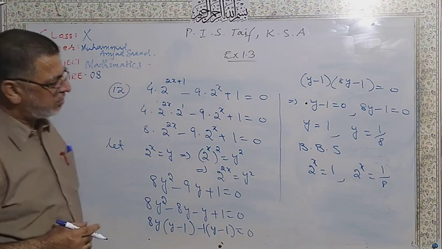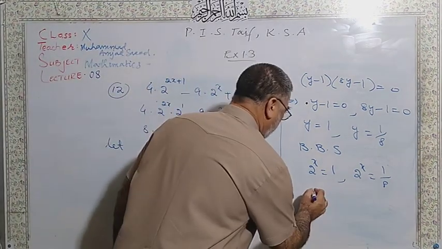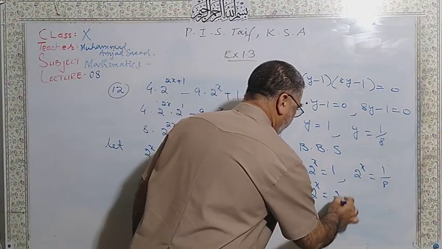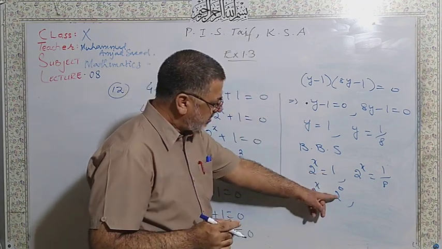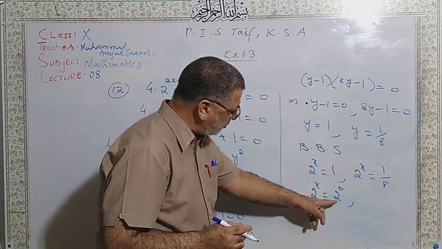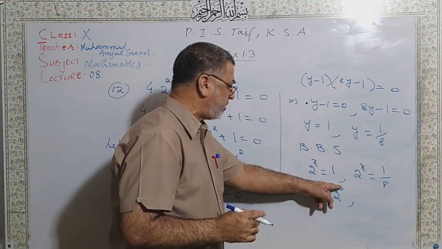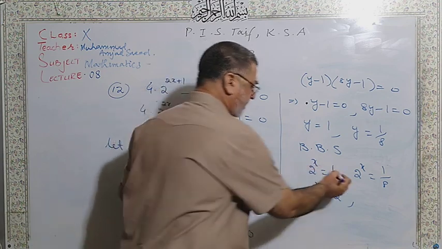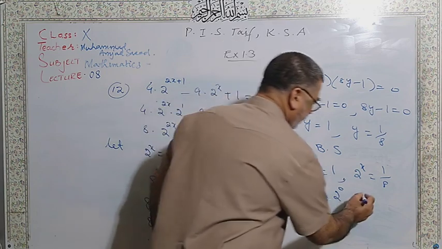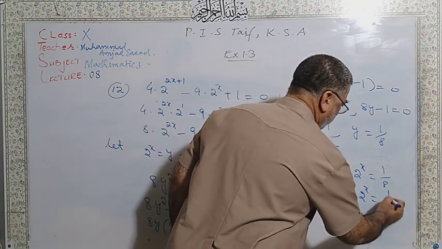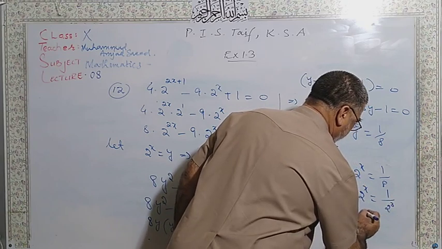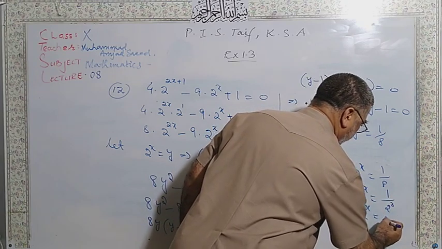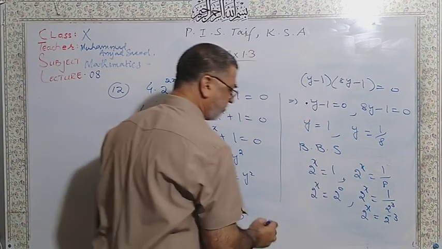Remember that 1 is always something to the power 0. Because the base was 2 and I was taking 2 power 0, actually it is equal to 1, no problem. Similarly, 2 raised to power x is equal to 1 over 8, and 8 was written as 2 power 3, and when you write the reciprocal, it will become 2 power minus 3.